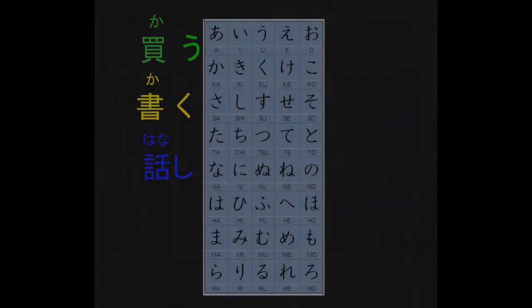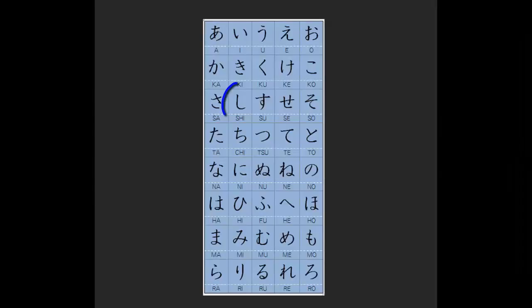Let's have a look at hanashimasu, meaning to speak. Okay, step 1, remove the masu. Step 2, identify the final hiragana in the stem, which is shi. And finally, change the shi to the u sound in that row, which is su. So let's remove that shi and replace it with su. Hanasu, the plain form of to speak.